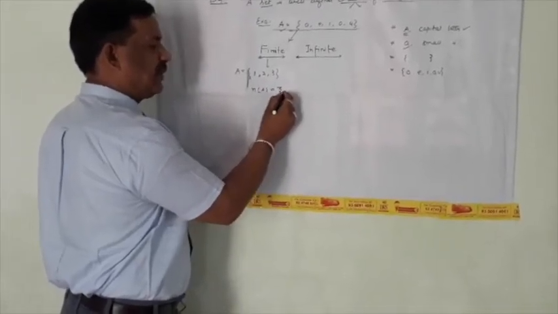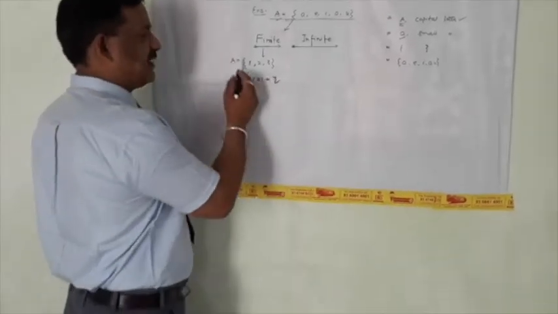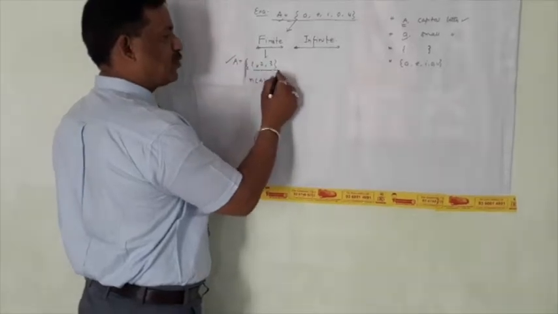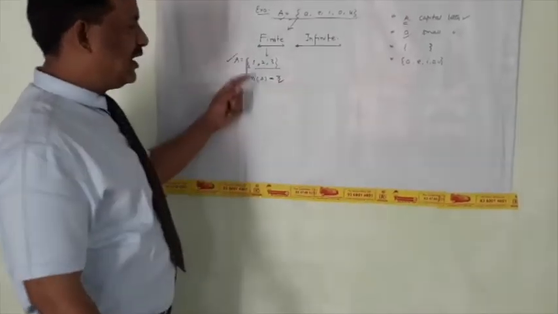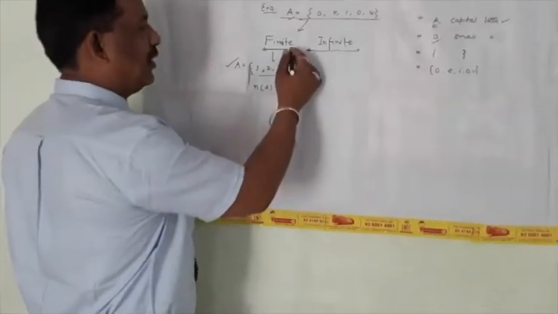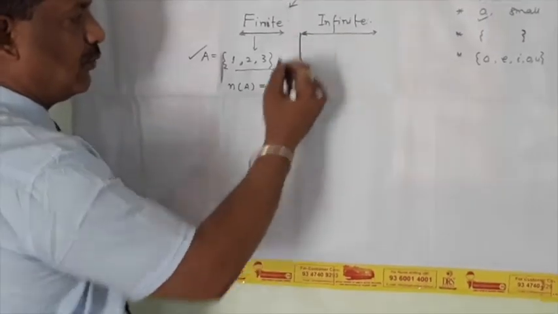So here 3 represents the number of elements in the set, and the set is written as A equal to curly bracket 1, 2, 3. Here in this set we can count the elements, so this set is called a finite set. I think this is clear for all of you.